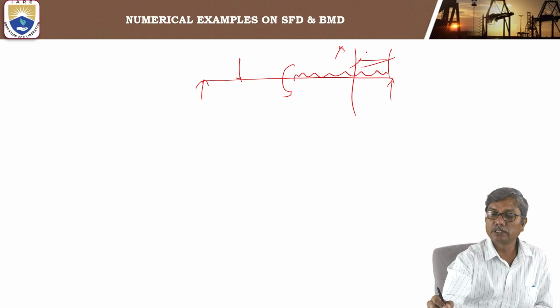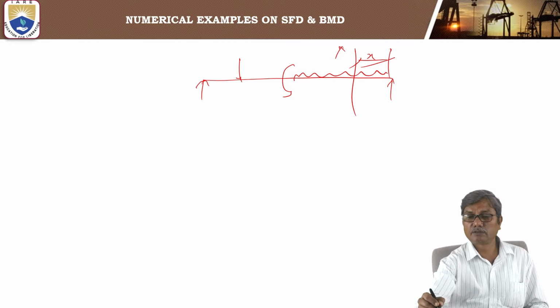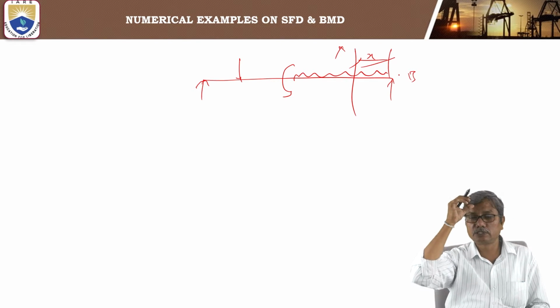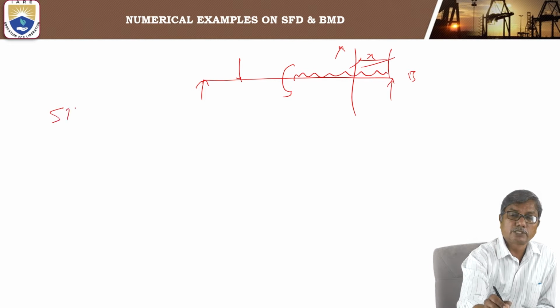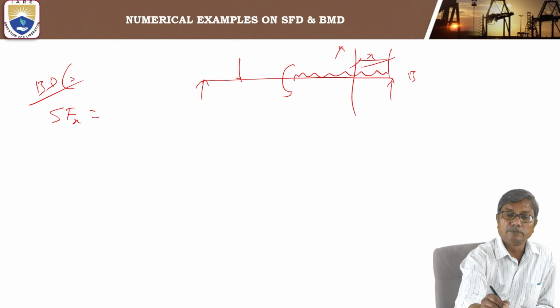Now for this we will be taking origin at B. For the section X between BD, the limits for X are 0 to 5.